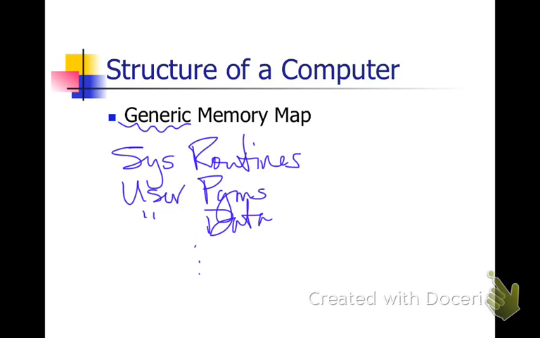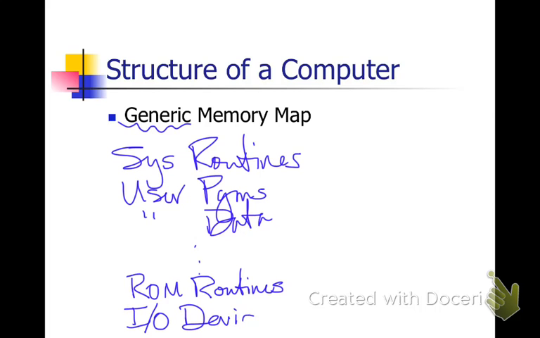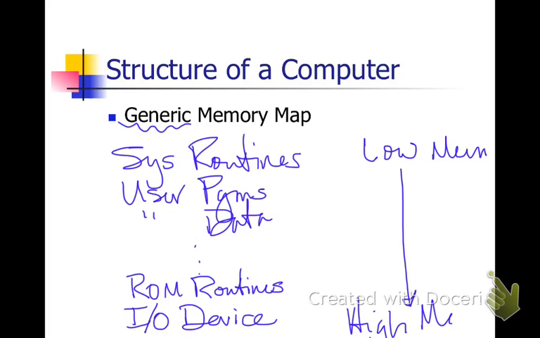And we get down to maybe my read-only memory routines here, and then followed by I/O device drivers, where for all of this stuff, low memory is where the system routines are, and going down to high memory, where we have input-output devices, read-only memory routines, etc. So it kind of just gives you a basic idea of where things are stored.